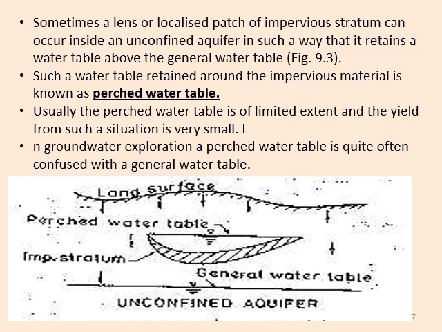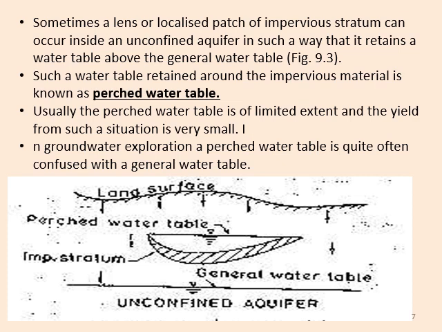Here it is an unconfined aquifer zone. In between the unconfined aquifer, a small portion of impervious strata, which you can visualize as a rock or gravel layer, can happen naturally in such a way that it retains some water, meaning it retains a water table above the general water table.